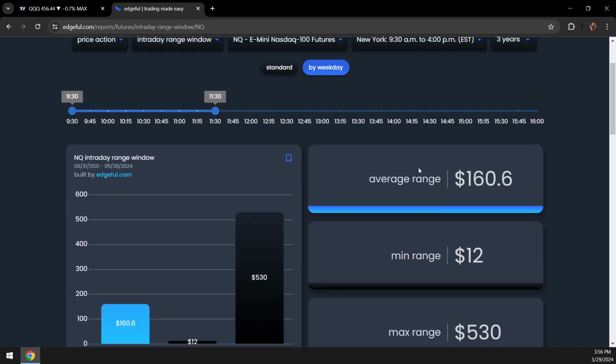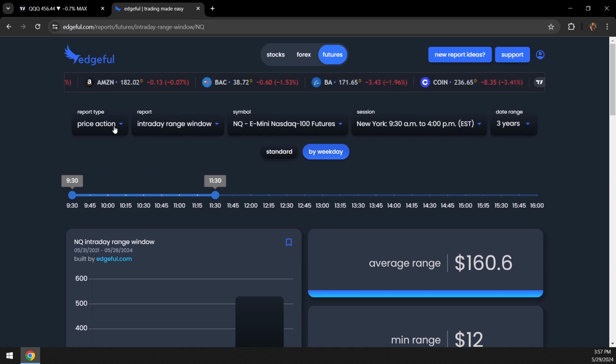So if you are in a move and maybe you got in and you're up 100 points or 80 points, you can look at this and go, okay, how far has the range actually moved in my time frame already? That helps me set targets. By this time, on average, we're only going to move this amount. So that would be a good price target for me to have, and I can go ahead and lock that profit in instead of holding with hope, holding for the moon, when I can actually put some data behind it. So that's an interesting report as well.